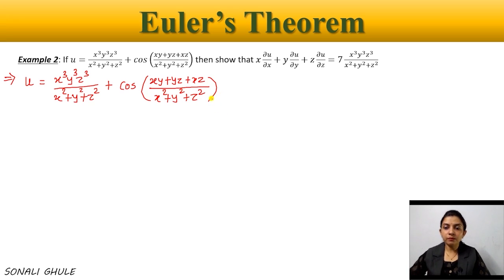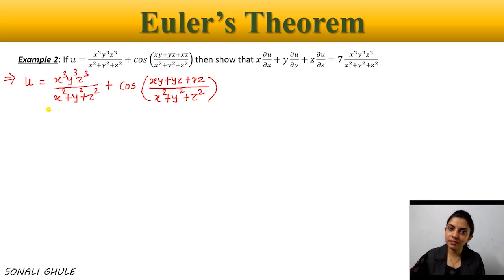So before solving the example, I have to check whether this given function u is homogeneous or not. Then only I can use Euler's theorem. So how am I going to check?